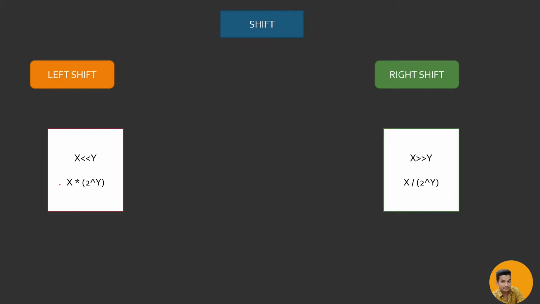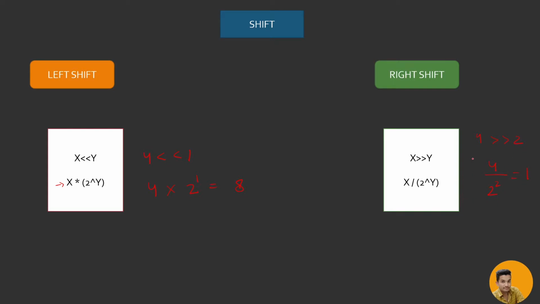This means x multiplied by 2 to the power y. As an instance, 4 left shift 1 is 4 multiplied by 2 to the power 1, so this will be 8. And this is right shift, in which if I say the same 4 right shift 2, this would be 4 divided by 2 to the power y, that is 2, so this will be 1.